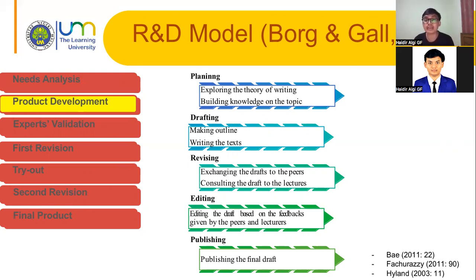For example, in a bibliography, which is actually a narrative category, but is supposed to use a very formal structure and academic lexical resources, sir. So I think it's not appropriate for undergraduate students, because it's more complex and only applied for master's or PhD students, sir.